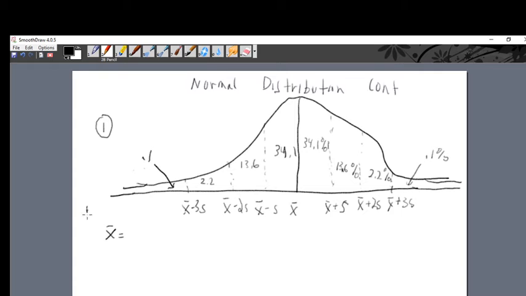The famous word, the mean, is, let's say, 5 feet 9.3 inches. Now, the standard deviation, this is also given. All this is going to be given. The standard deviation is equal to 2.8 inches.